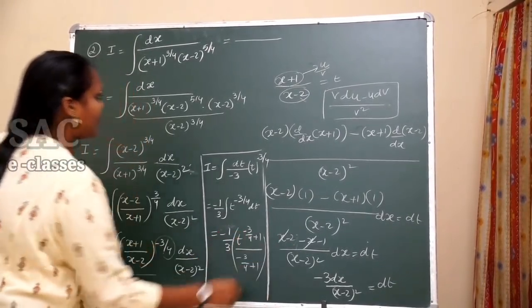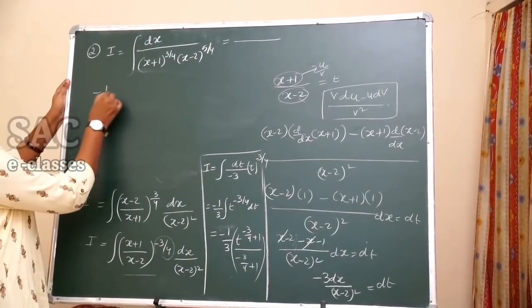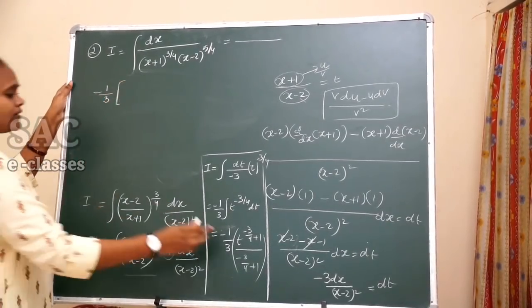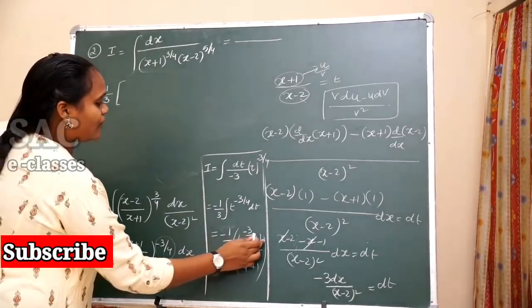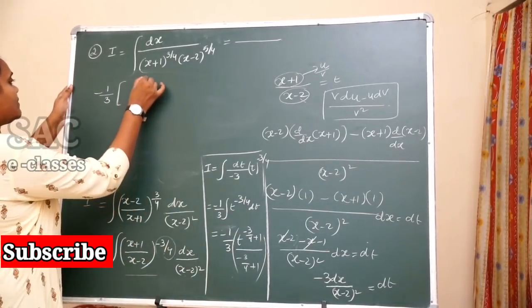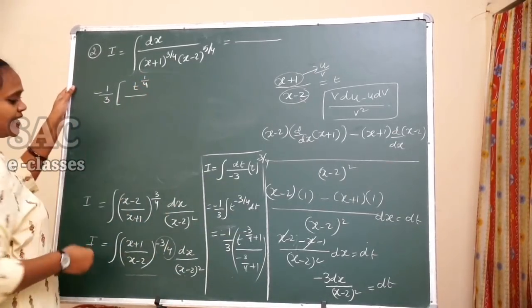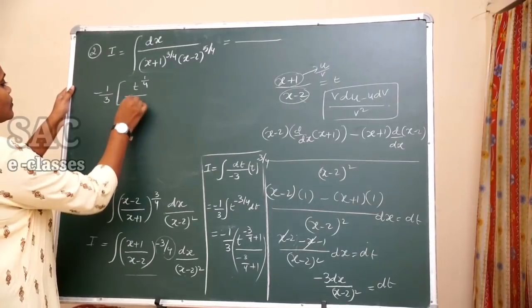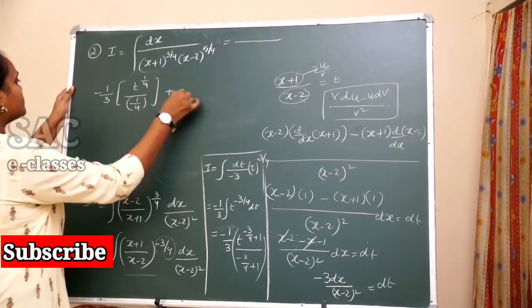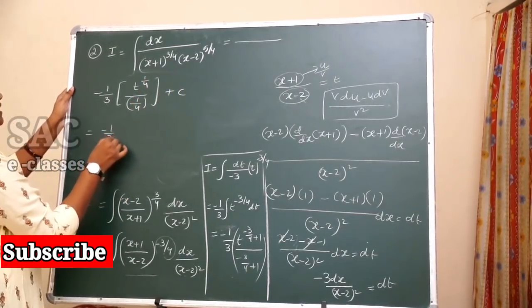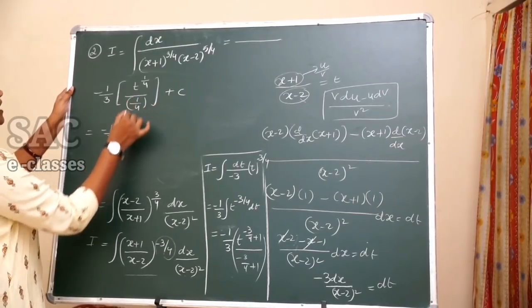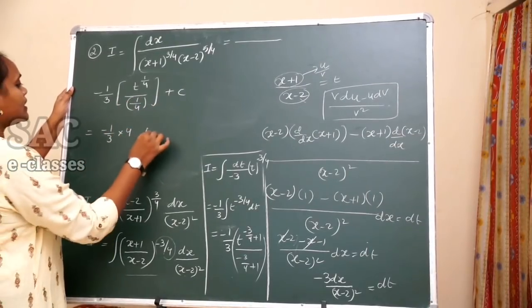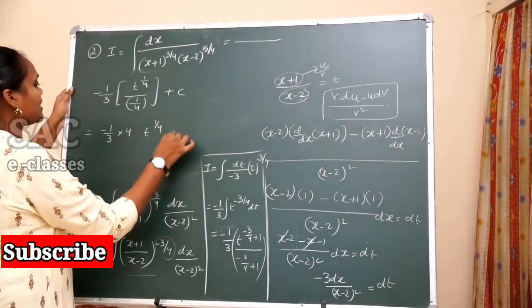Let us simplify this. Minus 3 by 4 plus 1 will become t power 1 by 4 by 1 by 4, plus c.